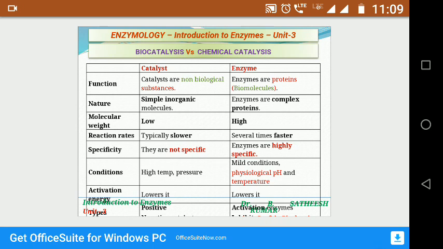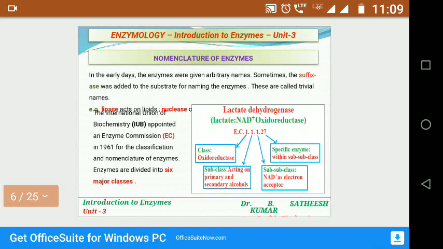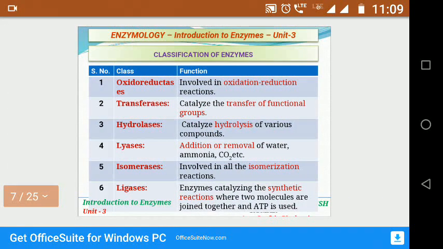Okay. And next we already learned about the nomenclature process of enzymes. International Union of Biochemistry has appointed an enzyme commission, EC commission, in 1961 for the classification and nomenclature of enzymes. In the classification, they have suggested 6 different classes for all the enzymes based on the reactions that they carry.